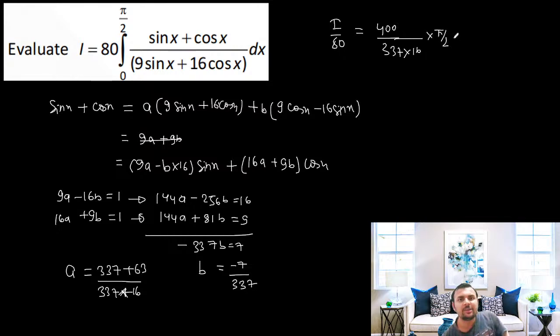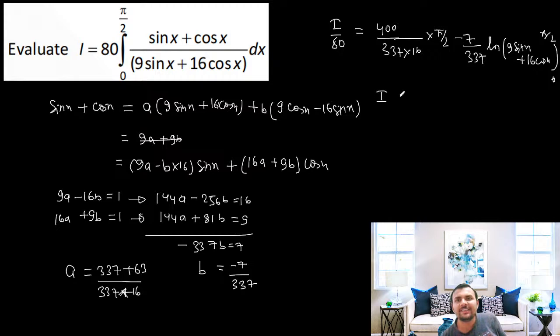And the second one is b dx by x, which is ln, minus 7 by 337 ln 9 sin x plus 16 cos x. This is 0 to pi by 2.